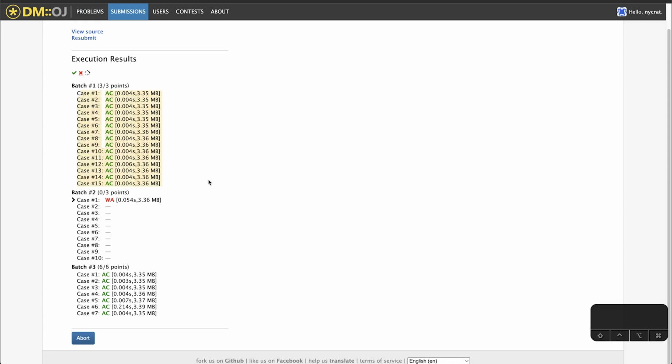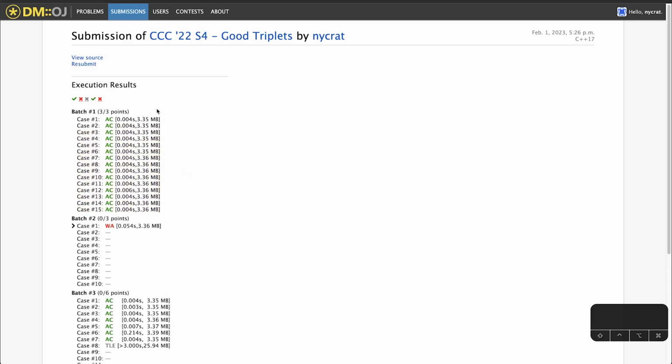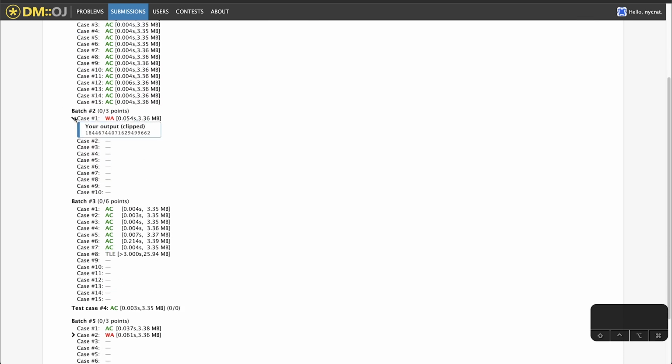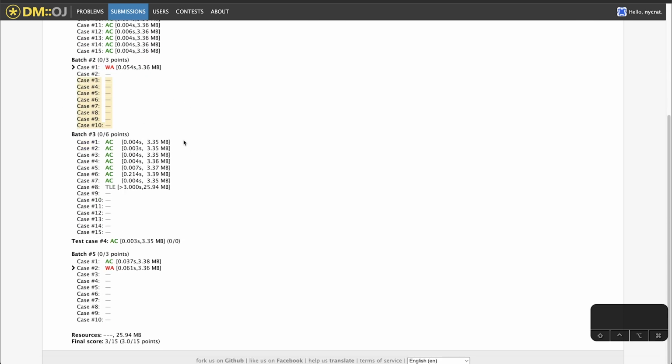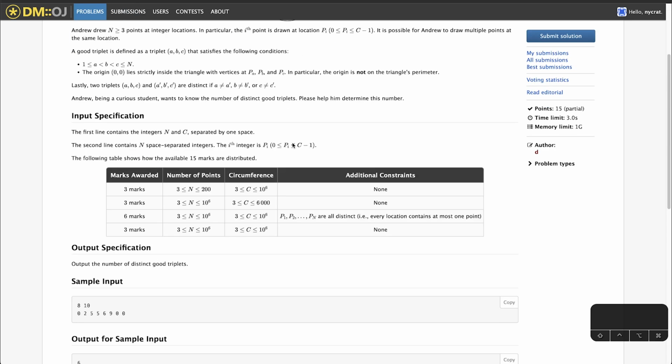And alright, okay. So again, it's the same result where the first batch is fine. Batch 2 somehow is wrong answer, and then still time limit exceeded. So I'm gonna try to see the constraints for batch 2.